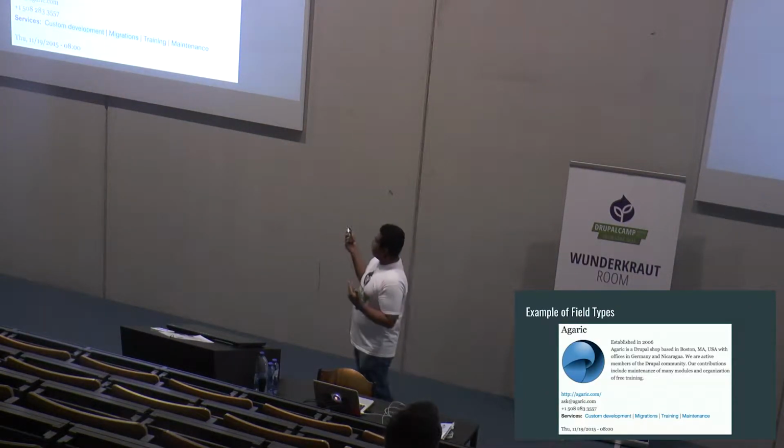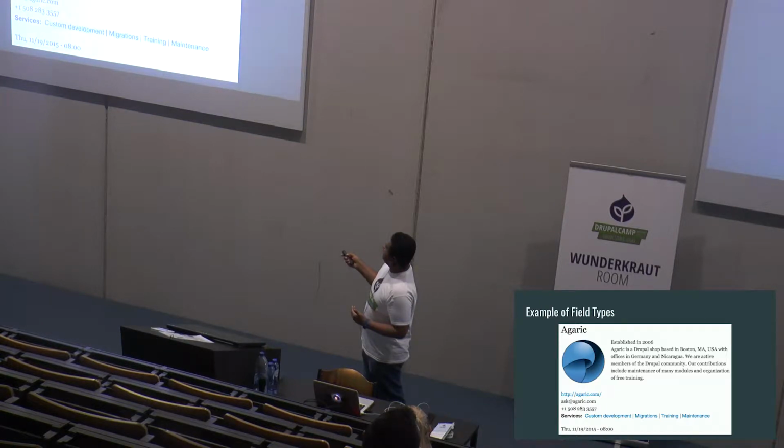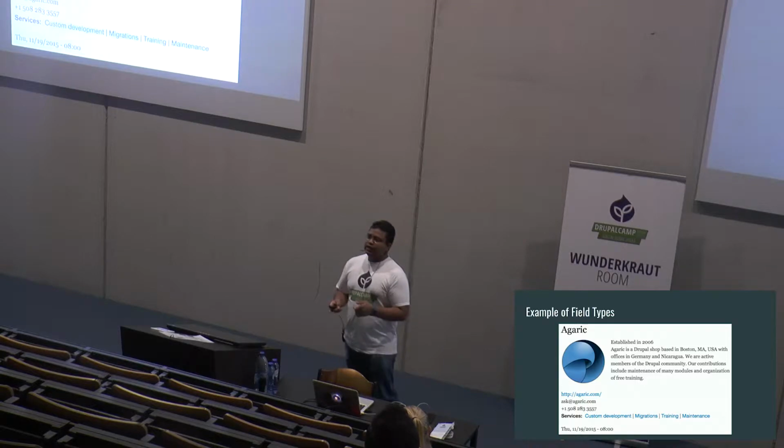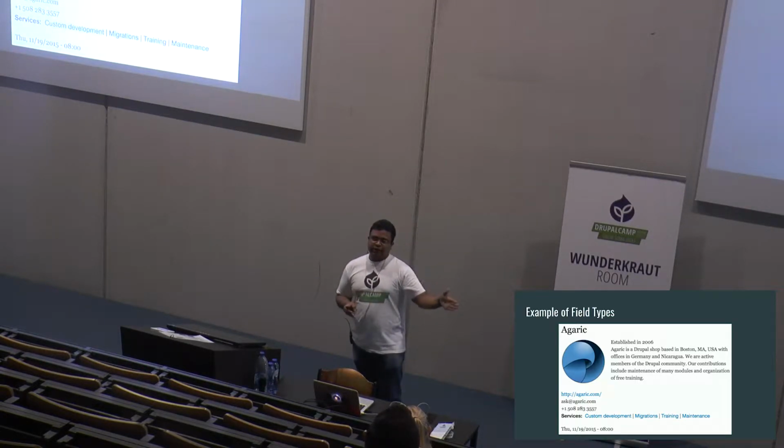And this is an example of some field types, like just single line text field. In Drupal, there is a difference between single line and multi-line text field. So single line text field, multi-line text field. When it says established in 2006, that is actually a number field that has a prefix of established in.